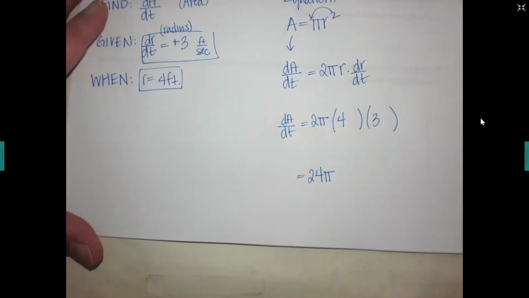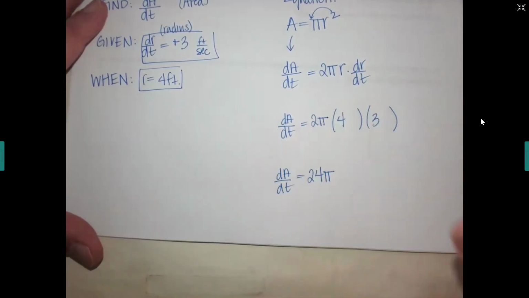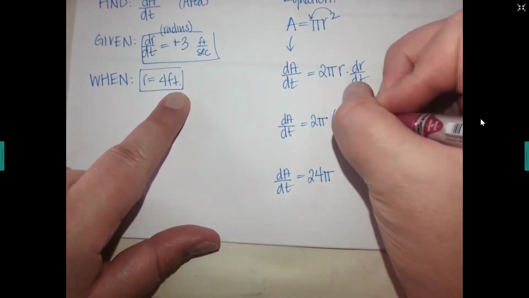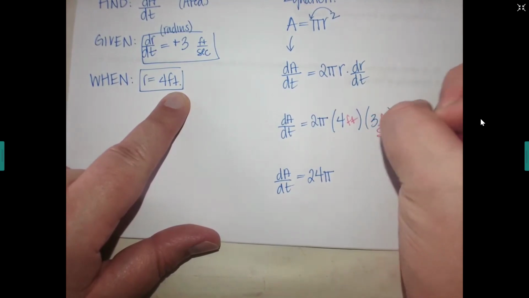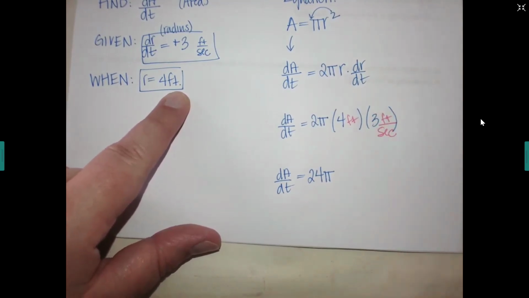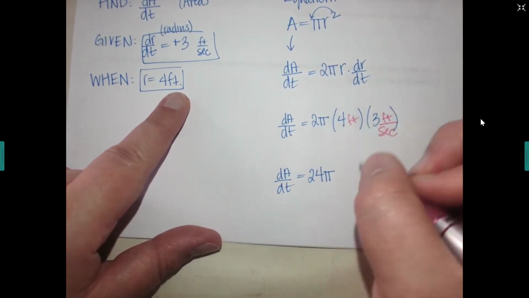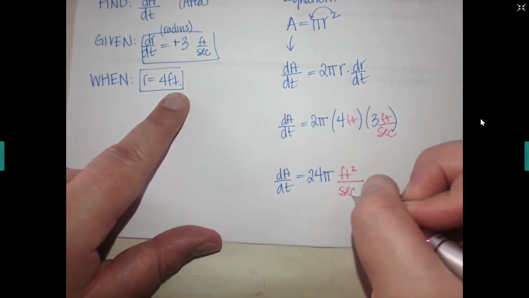Okay. Now, let's say that you wanted to talk about units in your answer. Delta Math doesn't really ask you to do this, but the AP test will. That your r was 4 feet. And then your 3 was feet per second. So if you multiply those units together, feet times feet would be feet squared. And then seconds on the bottom.